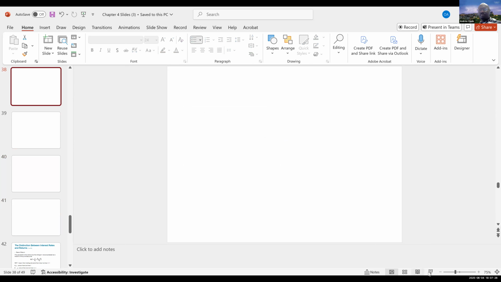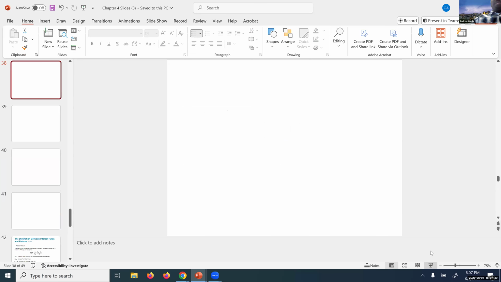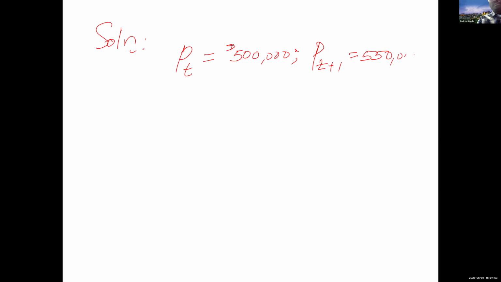Okay. So the solution here, you've got to summarize what you have in that word problem. The question is saying that you purchased a house. So the purchase price was $500,000. And then you held onto the house for only 1 year and sold it, so that's P T plus 1, for $550,000.